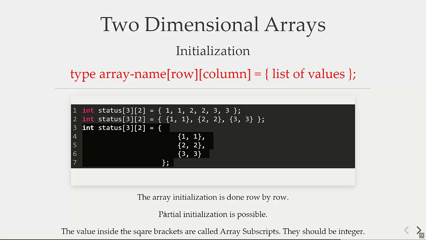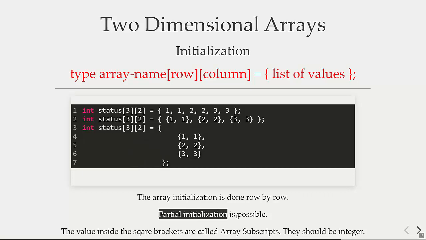Then look at the second note I have written here. It says that partial initialization is possible. Like in one-dimensional arrays, here also we can initialize a few of the elements, and the remaining elements will be initialized automatically by the rule we have already stated: if it is a numeric value, it will be initialized to 0, and if it is a character value, it will be initialized to null.